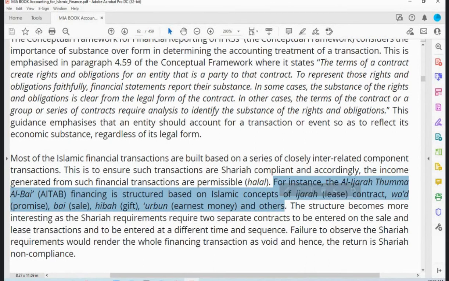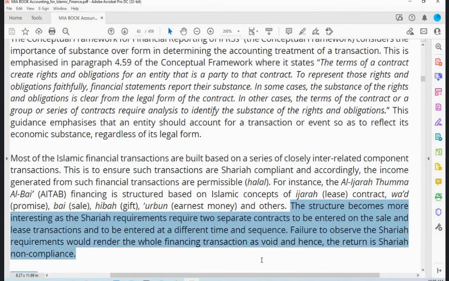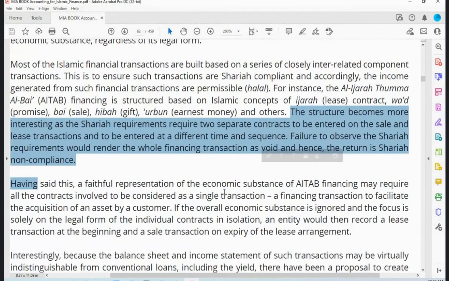The structure becomes more interesting as the Sharia requirement requires two separate contracts for the sale and lease, to be entered into at different times and in sequence. Failure to observe this requirement would render the whole financing transaction void, and hence the return is not Sharia compliant.